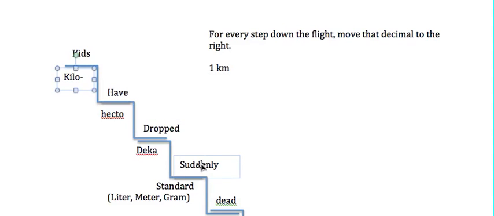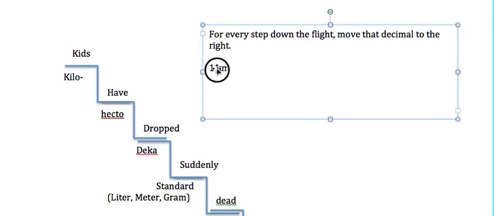I have to go down 3 stairs to get from my kilometer to my meter. So that means I have to move the decimal 3 places to the right. If I start with 1, you can think of it as 1.0, and I move that decimal 3 places to the right, that is going to be 1,000 meters.